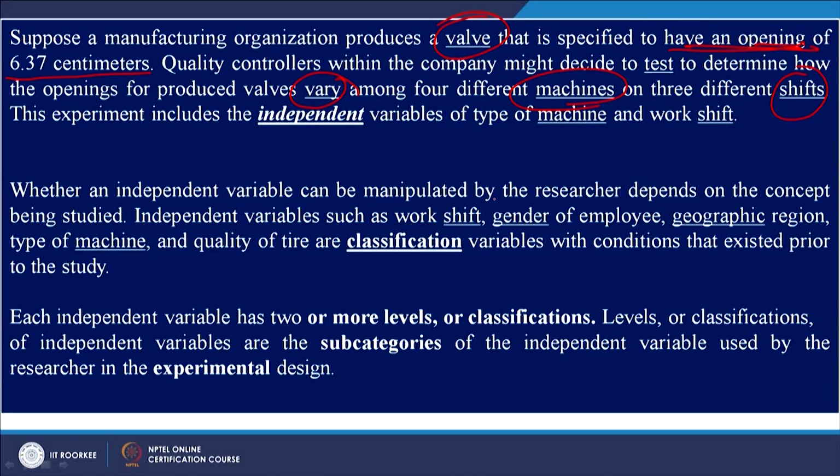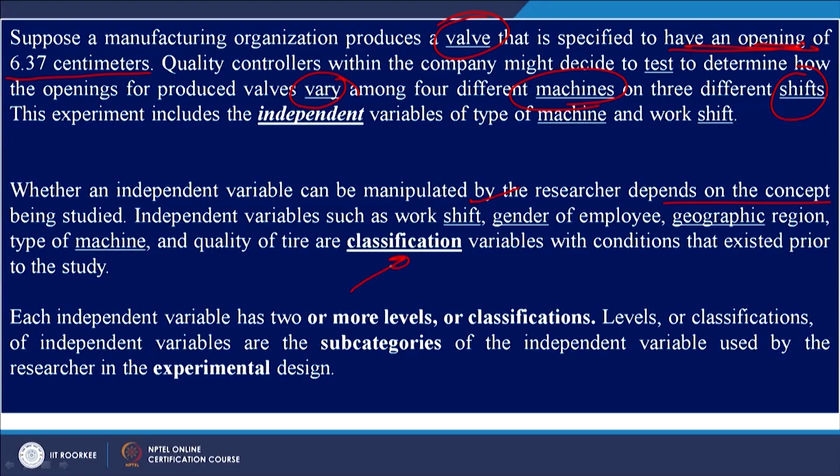Whether an independent variable can be manipulated by the researcher depends on the concept being studied. Independent variables such as shift, number of machines, geographical areas, or the 4 stores of Big Bazaar are called classification variables.